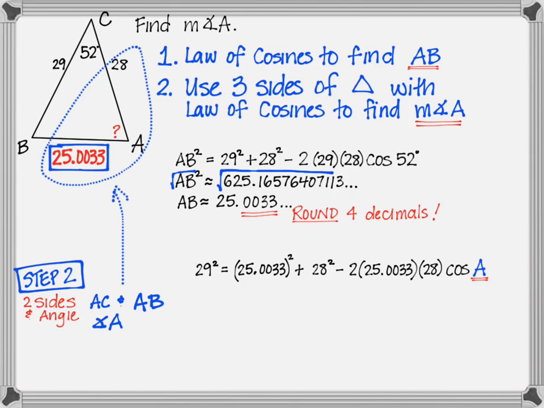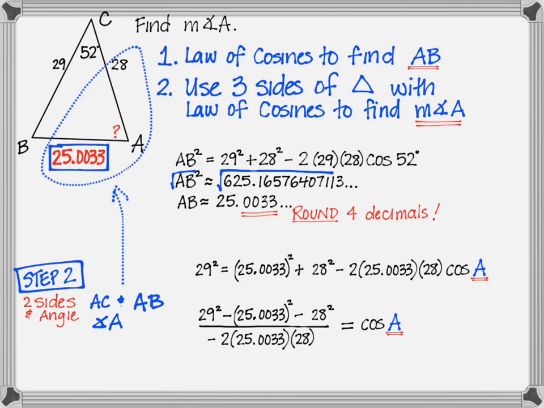And it's going to always equal that third side, 29 squared, so I've got that here, the third side squared. Again, in this problem, we're trying to solve for the angle A, so I have to get rid of all the stuff that precedes it. We have to get rid of 25.003 squared and the 28 squared, and then divide by this coefficient. So we've subtracted it and then divided by the coefficient, and this equals the cosine of the angle.